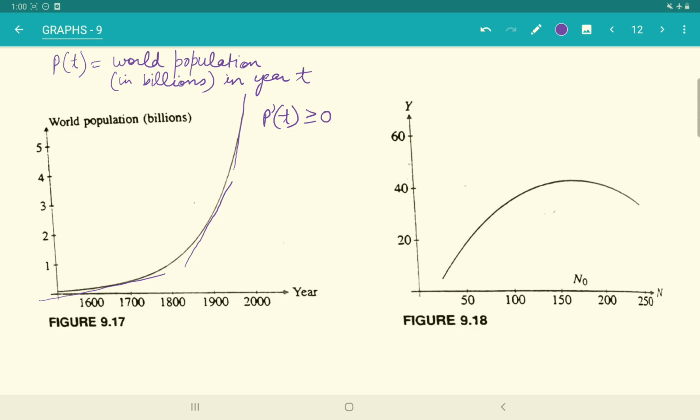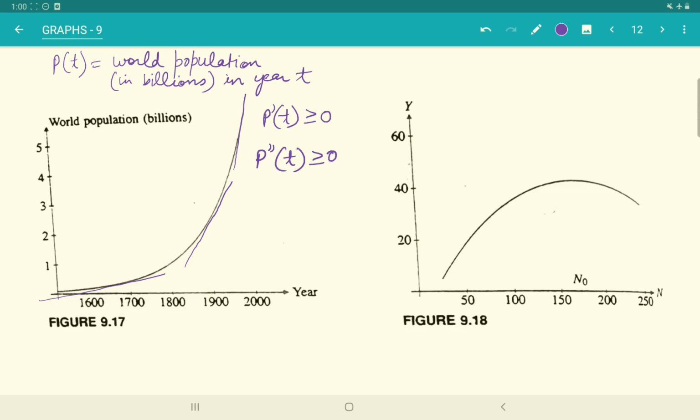That just means that the slope of the tangent to the graph of the function is increasing, as we can clearly see here. That just means that the derivative of p prime t is greater than or equal to 0. Or in other words, p double prime t is greater than or equal to 0. And that just means that this function is convex.